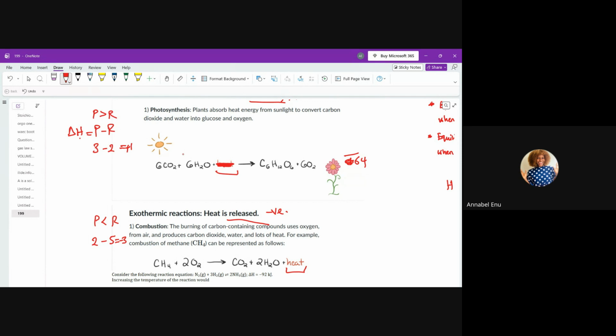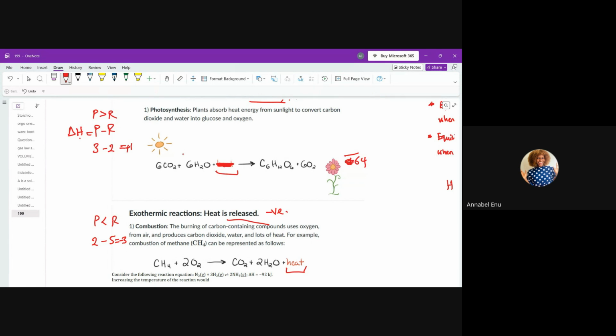Now, just as in pressure, we would also know where equilibrium will be shifting to here. Once we have identified if it is endothermic or exothermic, equilibrium will shift away from the side where temperature has been added. Sorry, let me write it down.